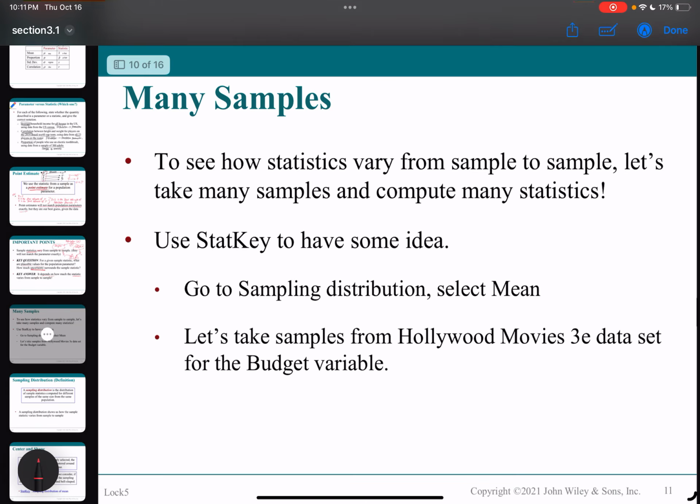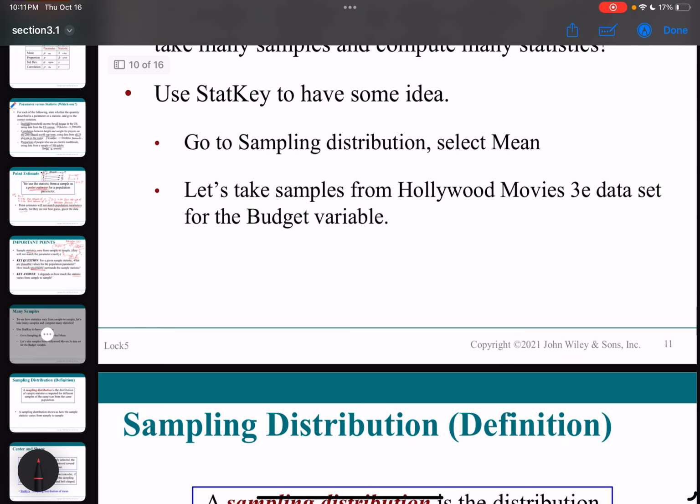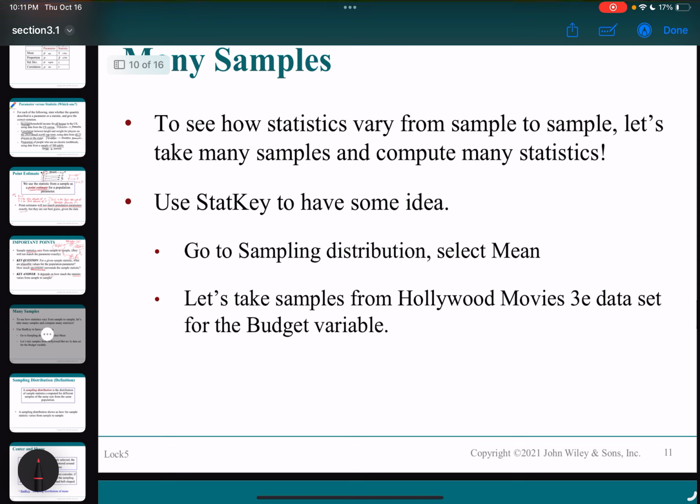So suppose I'm taking many samples to overcome that issue. I'm taking sample 1, sample 2, dot dot dot, sample k, let's say k can be any counting number, 100, 200.